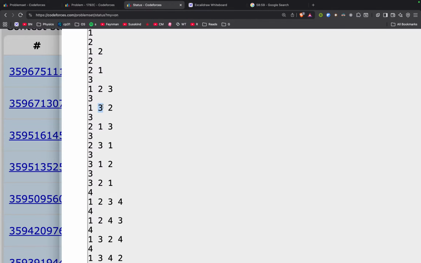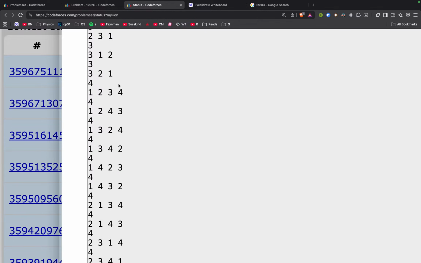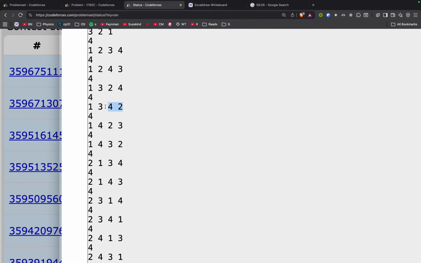If this was even, then this would have worked. Yes, here this would have worked. For this, what is the answer? The innermost pair is 2 and 3. 2 and 3 are out of order.